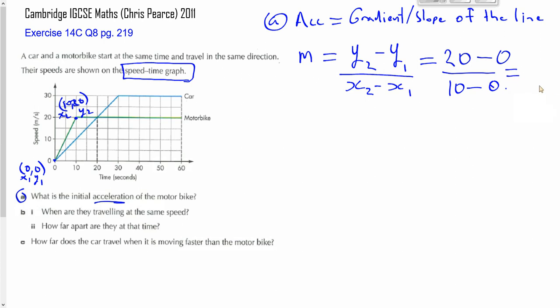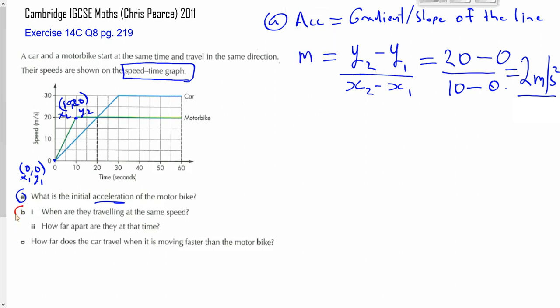So 20 minus 0 is 20, and 20 over 10 gives us 2. When we're talking about acceleration, that's 2 meters per second squared. So the answer to part A is 2 meters per second squared.